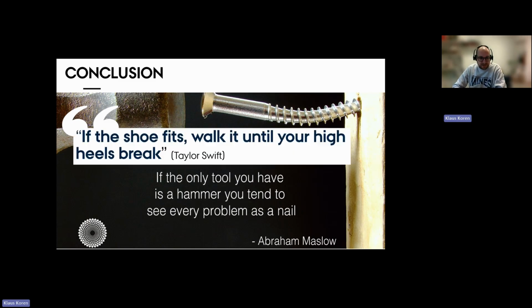And I recently extended this quote by, if the shoe fits, walk it until the high heel breaks, from Taylor Swift. And this is just to show, if you have a tool, it's also important to make use of it, not only to make new tools after new tools that nobody needs. So if you have a good tool, there's so many things we can use them for and learn a lot. So some of our oxygen sensors, we don't have to reinvent all the time because they're just working very well, and we can use them to study different systems.